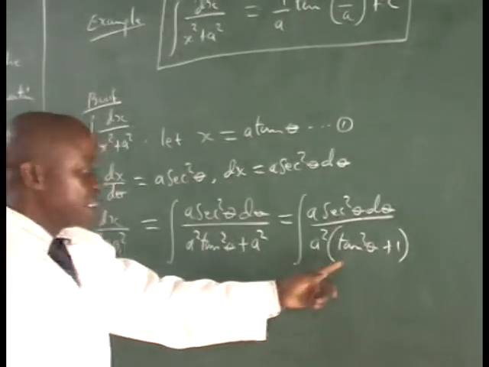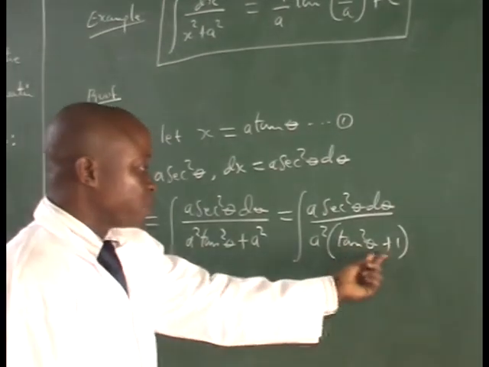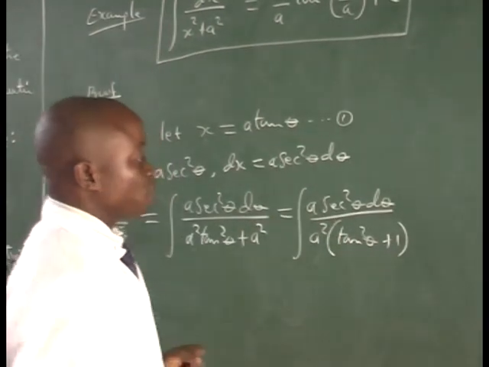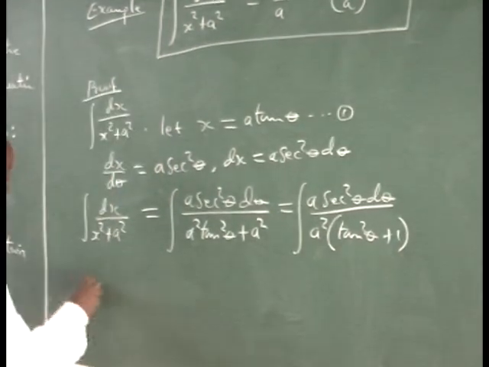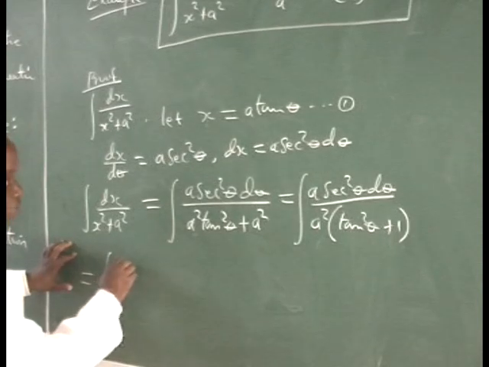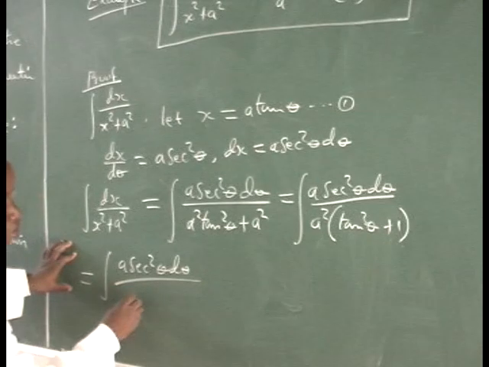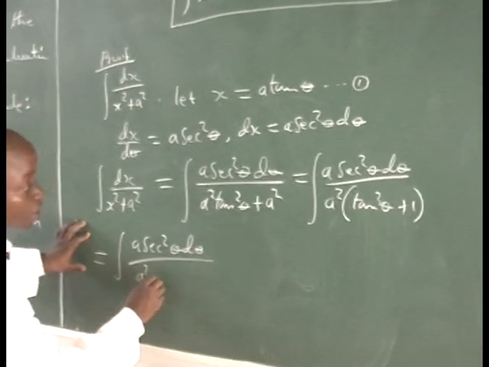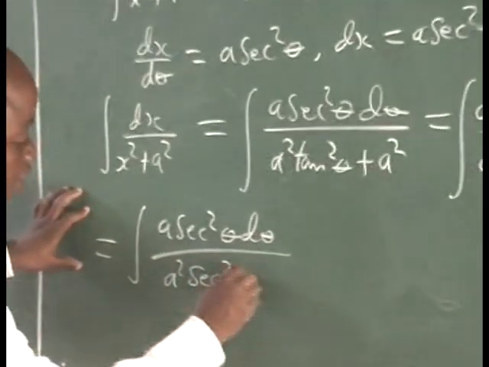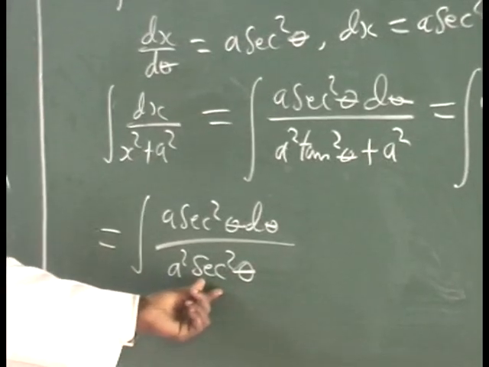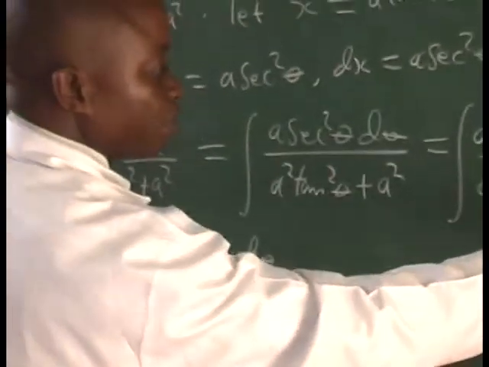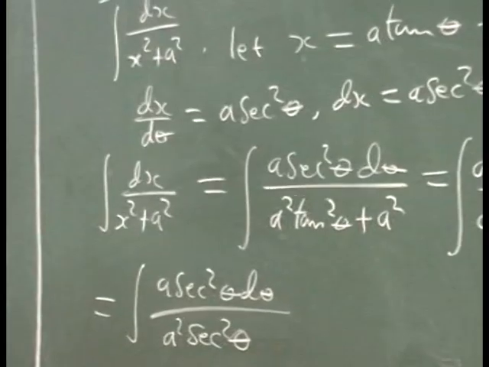And if I write it that way, tan squared theta plus 1 is the same as sec squared theta. So this will give me the integral of a sec squared theta d theta all over a squared sec squared theta, because tan squared theta plus 1 is sec squared theta.